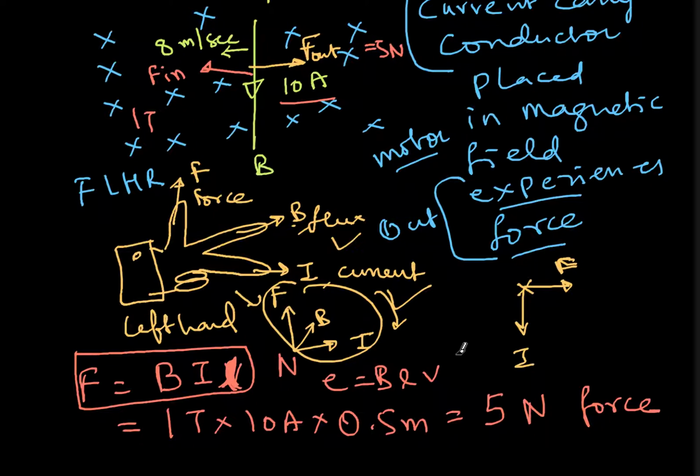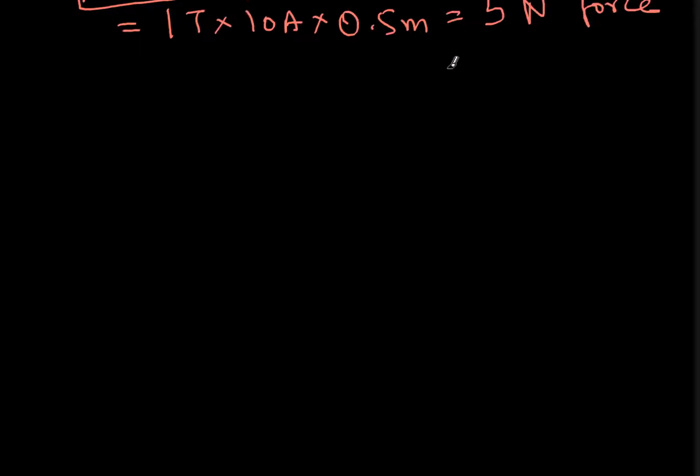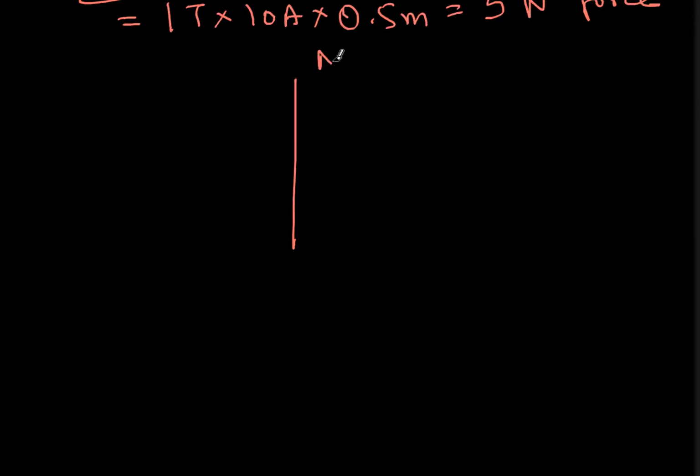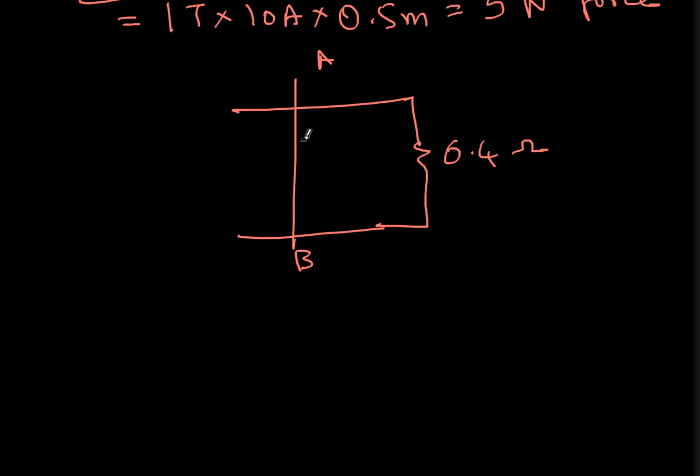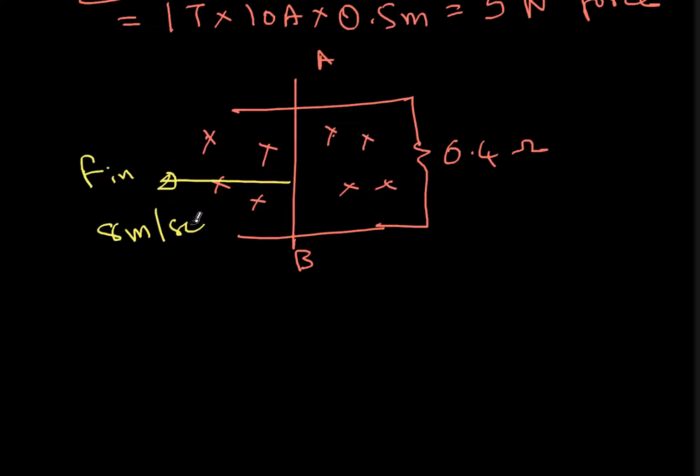To summarize what is happening, there is a conductor AB placed on a rail, and the rail is closed with 0.4 ohm resistance, and there is a magnetic flux perpendicular to the plane. Then there is an input force F in such that this conductor AB is moving at 8 meters per second.